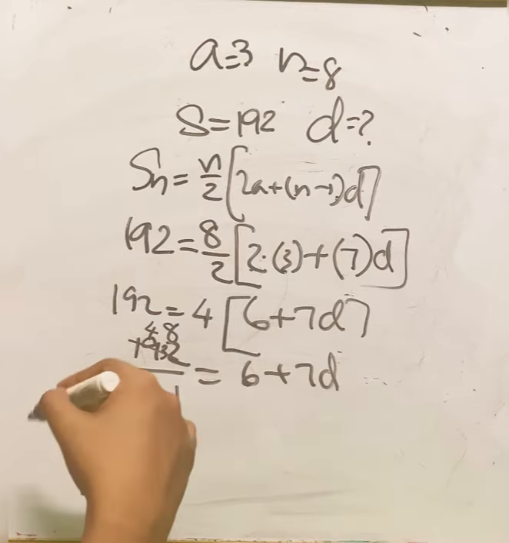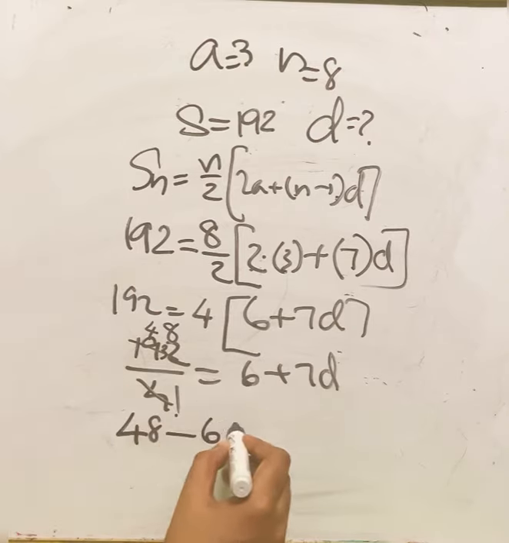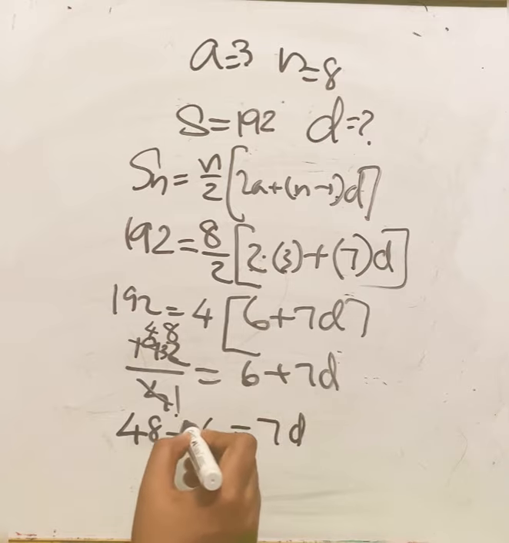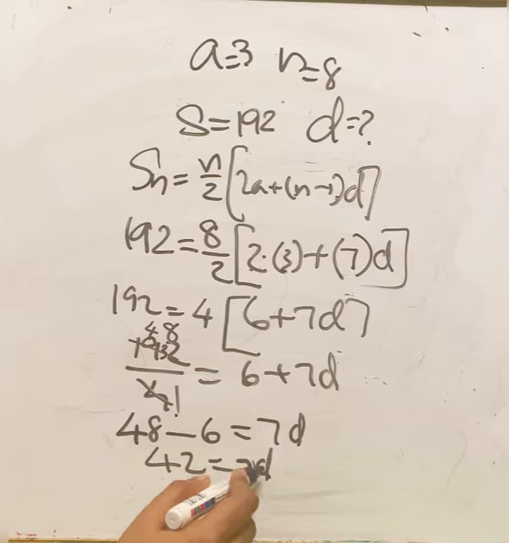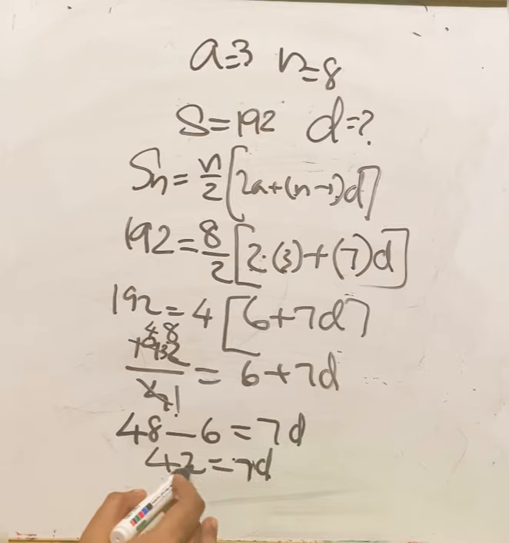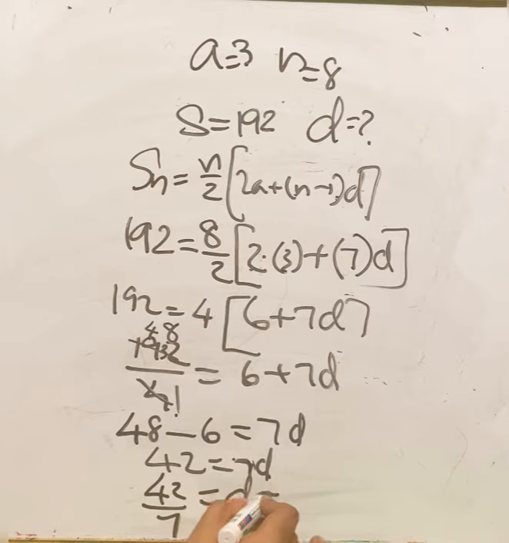In that, 6 we take to the other side, it becomes minus 6, equal to 7d. 48 minus 6 is 42 equal to 7d. We need the value for d, so keep that d there itself. Now take the 7 along with d to the other side, so it goes to the denominator: 42 divided by 7 equal to d. 42 divided by 7 is 7 6s are 42. So the value of d is 6.